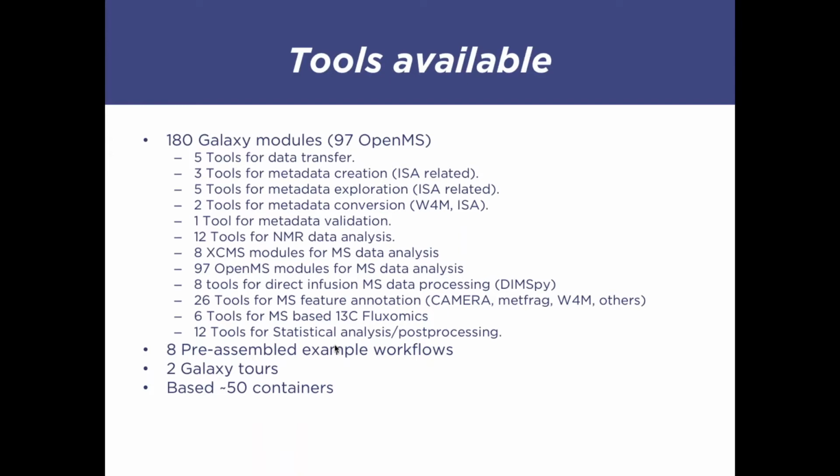We also have in the region of 8 pre-assembled example workflows in mass spectrometry and NMR, mostly in mass spectrometry, which is currently the stronger part of the setup. And we have Galaxy tools, which allow you to have a walkthrough how one of these workflows would work and understand how you would provide data to them. And all of this is based in around 50 software containers that for more advanced users are freely available to be used directly as well.